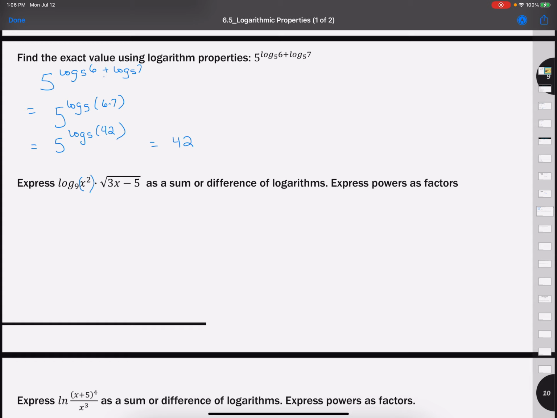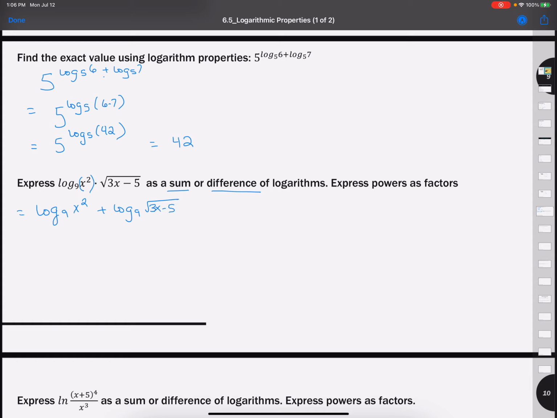It wants us to write it as a sum or difference. But we know if we use property number 6, we can write it as a sum. So this is going to be log base 9 of x squared, right? Plus log base 9 of the square root of 3x minus 5.